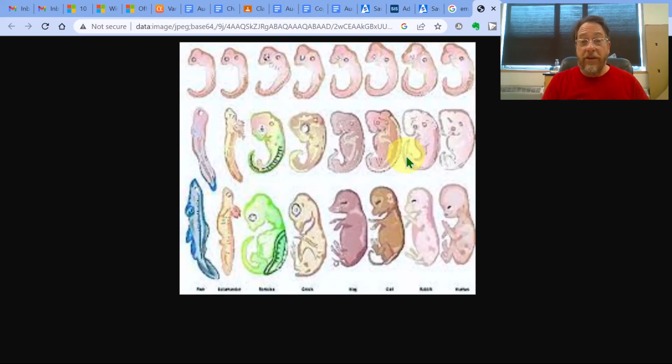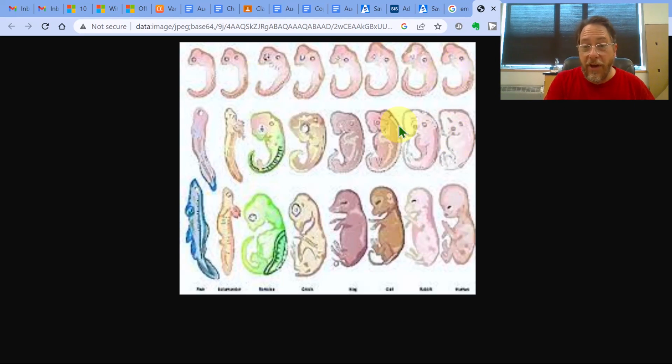So what you see here, the bottom row are different animals, and I know that it's kind of fuzzy, but here we have a human, a rabbit, a cat, a pig, a chick, a tortoise, and a salamander. And above them are their earlier stages of development as embryos.